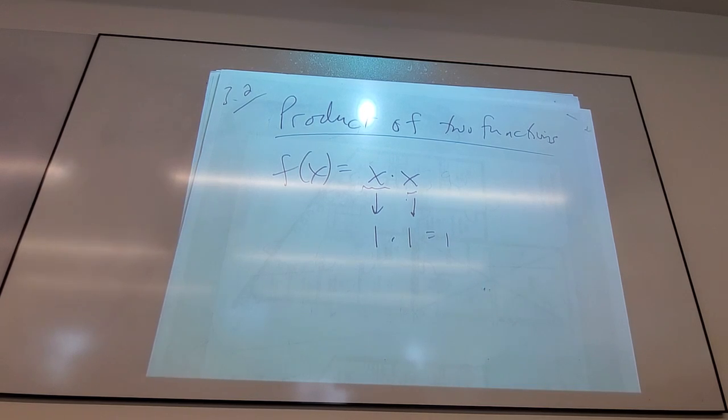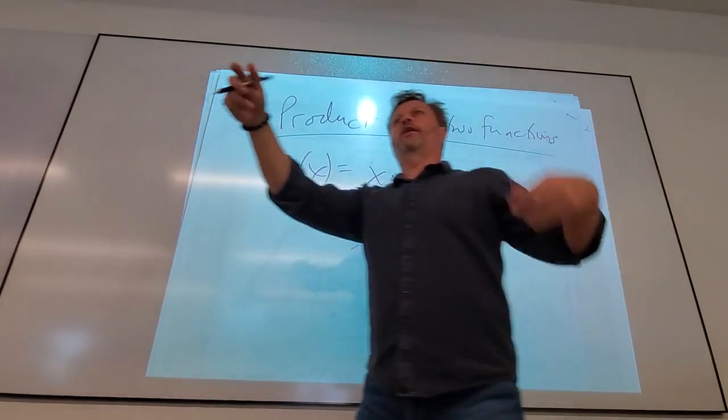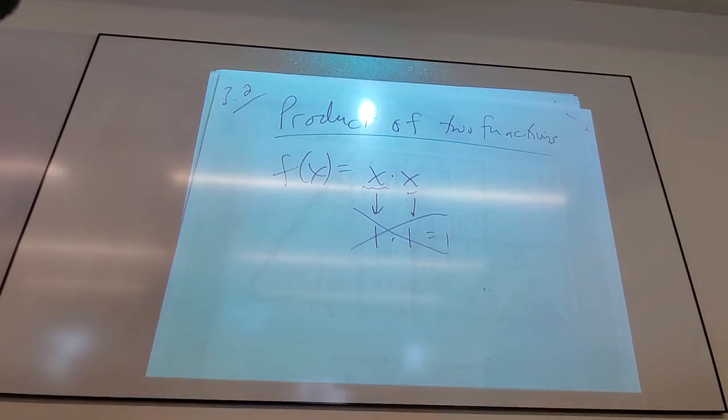Is that the derivative of x squared? No, so that cannot be true. So I cannot take the derivative of each piece of a product and multiply them together. That's an immediate counterexample to that idea. Are you understanding what I'm saying? If that worked, I should have gotten 2x, because that's the derivative of x squared, right? Okay, good.